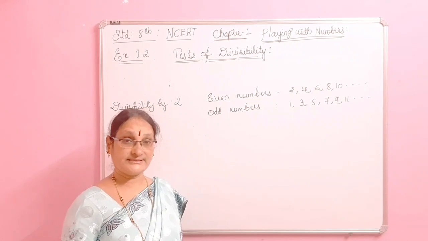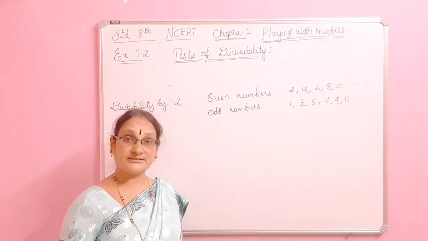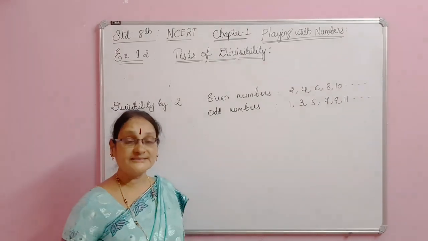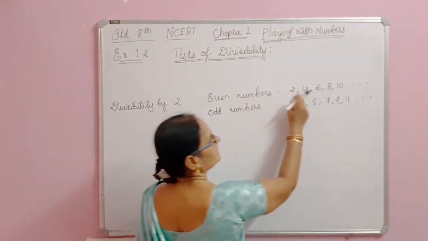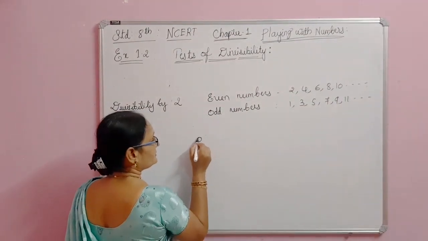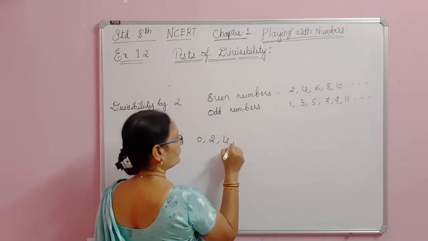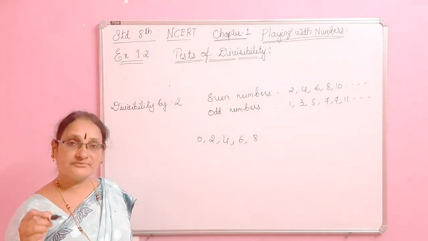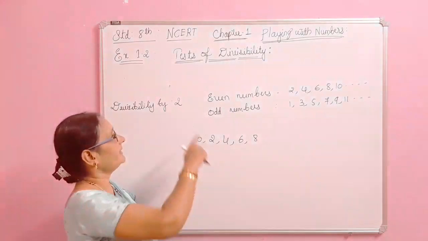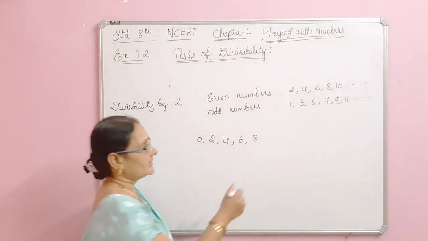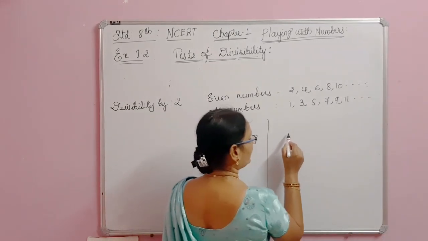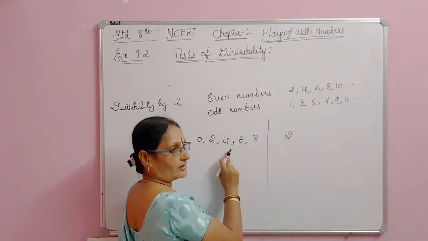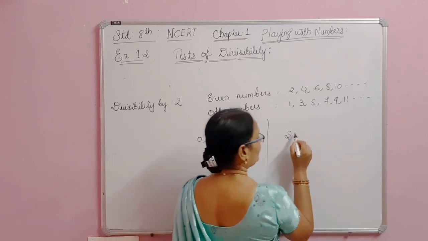Divisibility by 2 is nothing but the numbers which are even, or which must end with 0, 2, 4, 6 or 8.